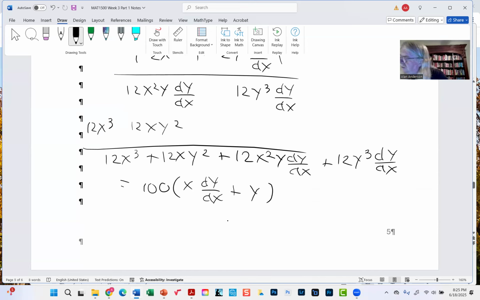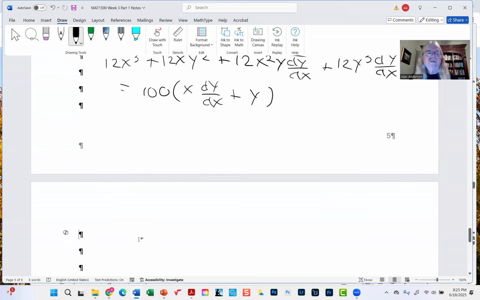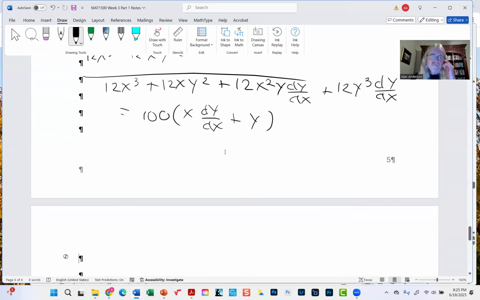Oh my God. All right. So what we're basically going to try to do is start organizing this a little bit. Actually, it would probably be easier if we multiply this 100 by these terms. Let's take care of that right now. This is 100x dy dx plus 100y.